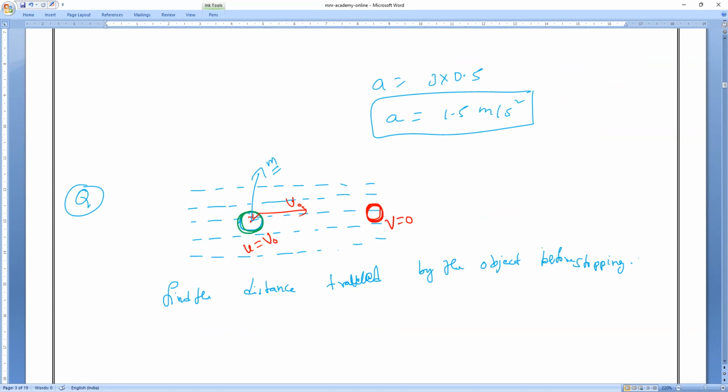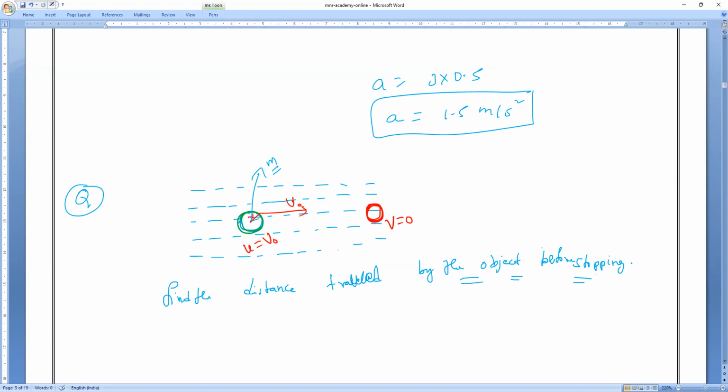So you all observe very carefully. How do we need to start? They are asking us to find the distance traveled by the object before stopping.